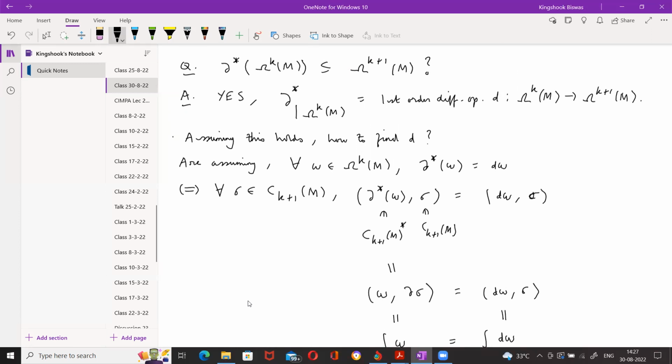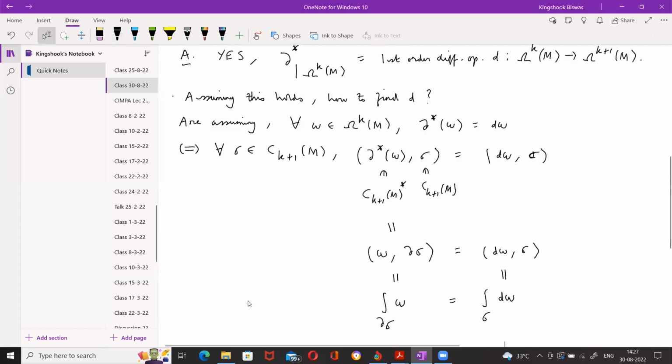Now, how do we find D from this information?